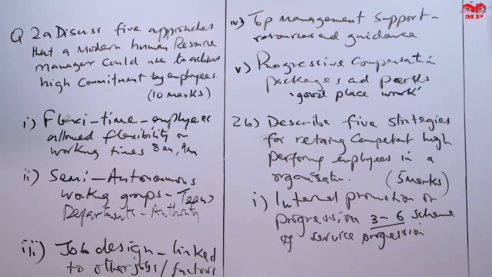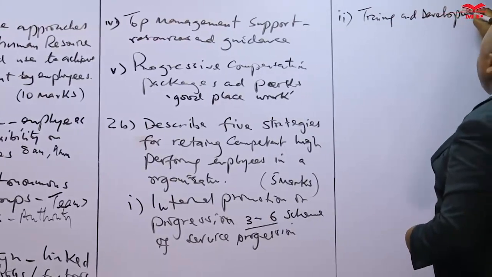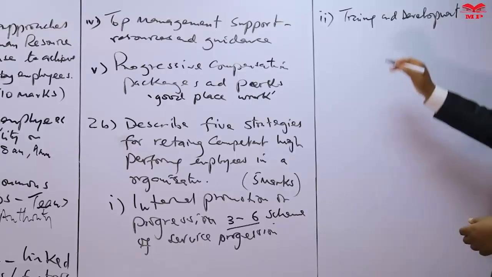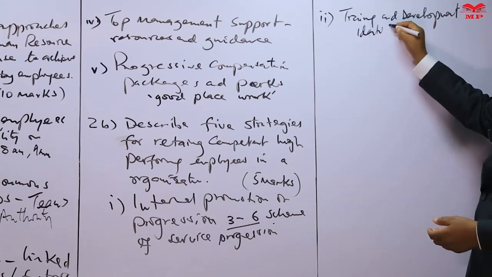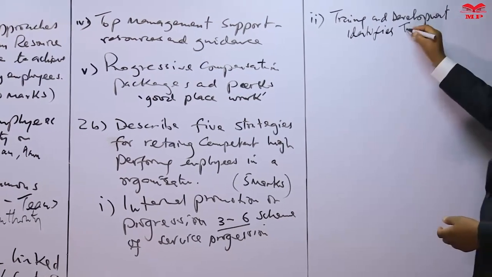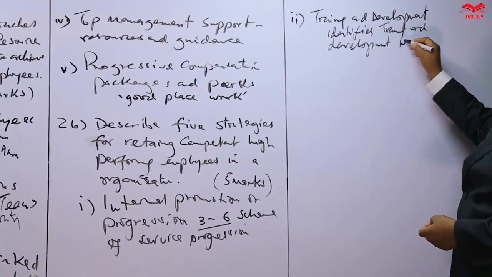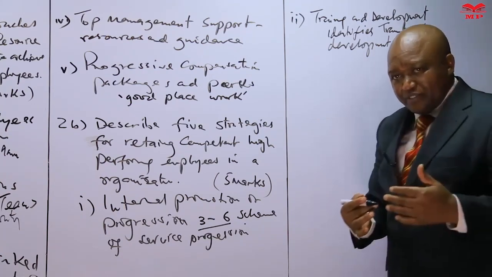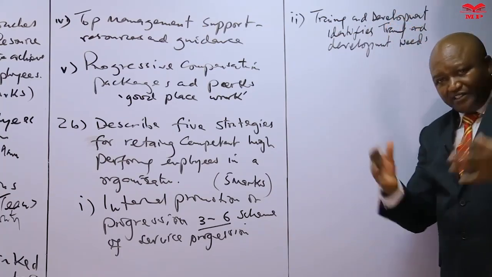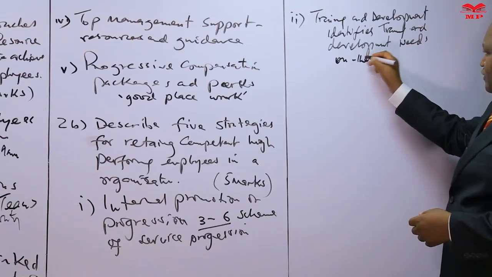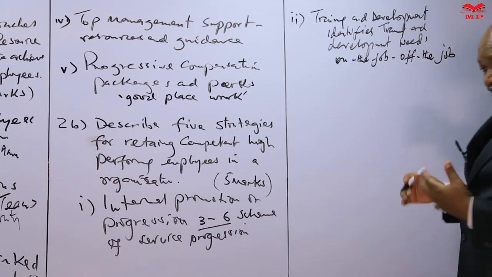Secondly, training and development. An organization can put in place a training and development program that identifies training and development needs in such a way that the gaps realized within the organization are patched by on the job or off the job training and development programs.